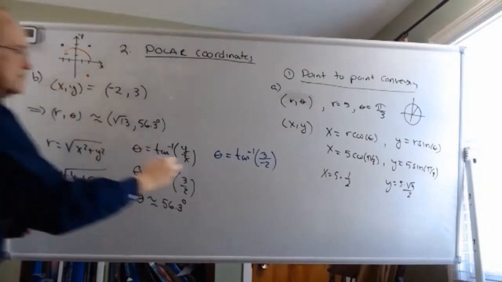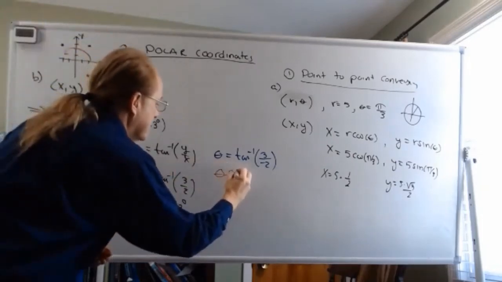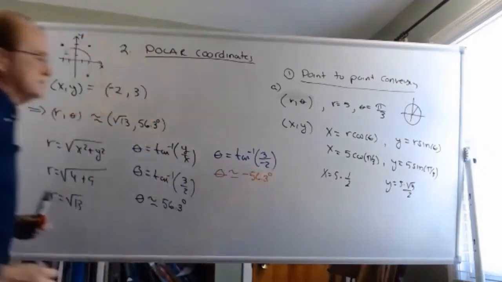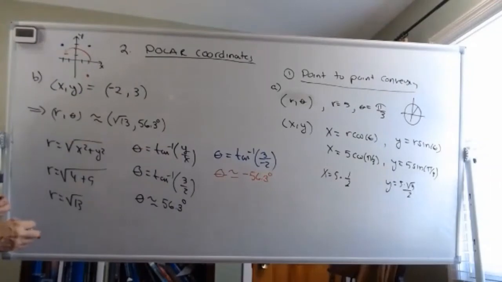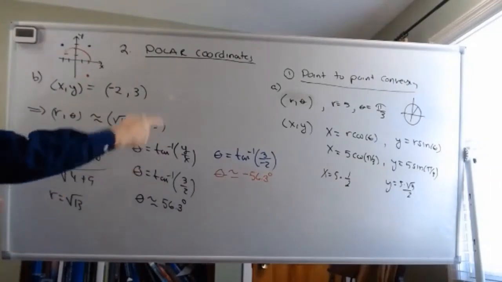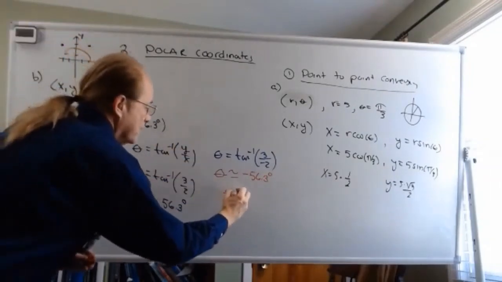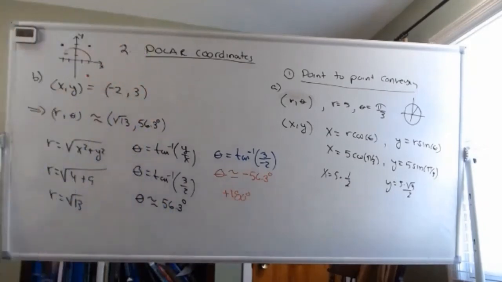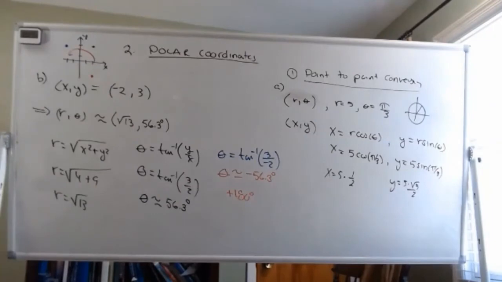This kind of gives me theta is approximately negative 56.3 degrees. So what do I need to do? I need to add 180 degrees to that, and that'll give me the correct angle. So I add 180 to that, or 180 minus 56.3.